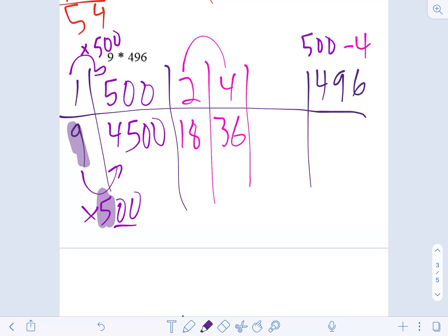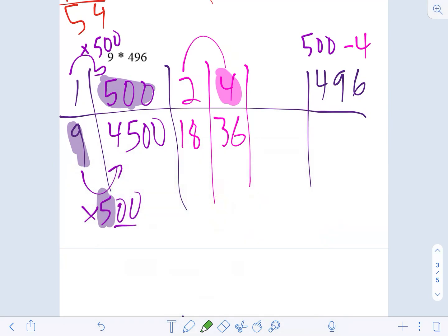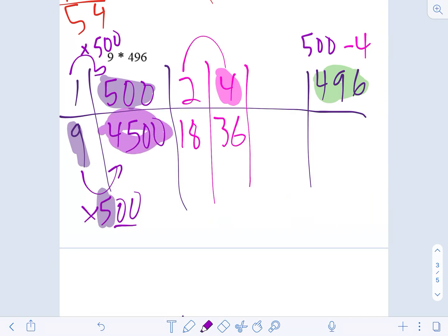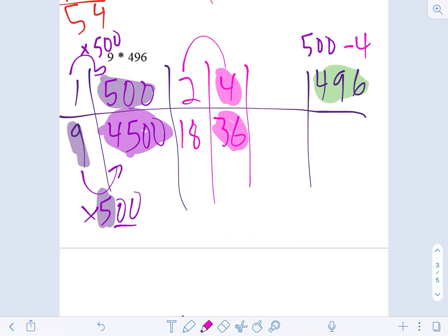So now we have 500 minus 4 gives you 496. So 4,500 minus 36 will give us our answer.